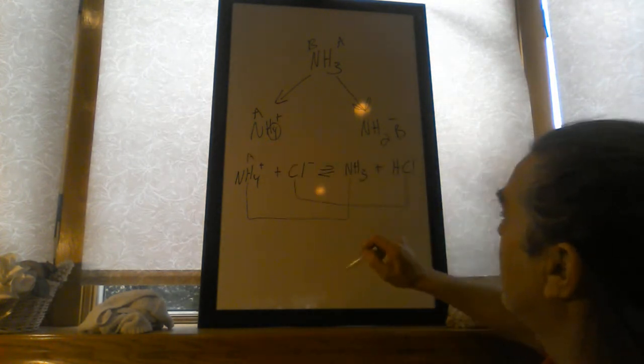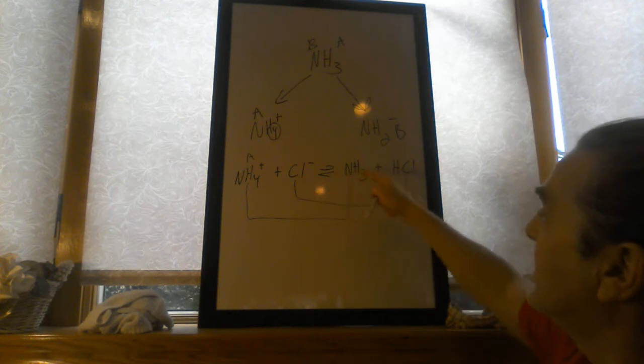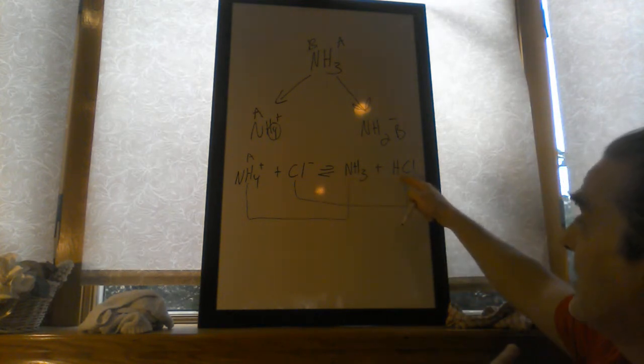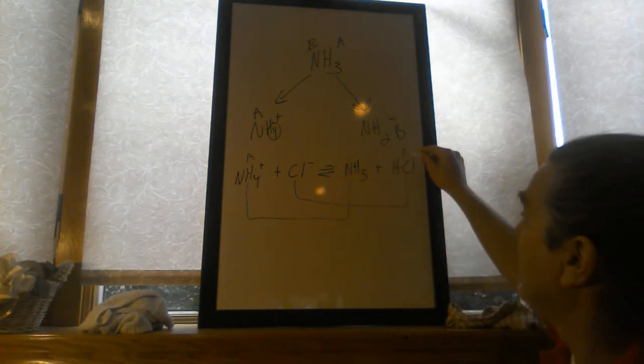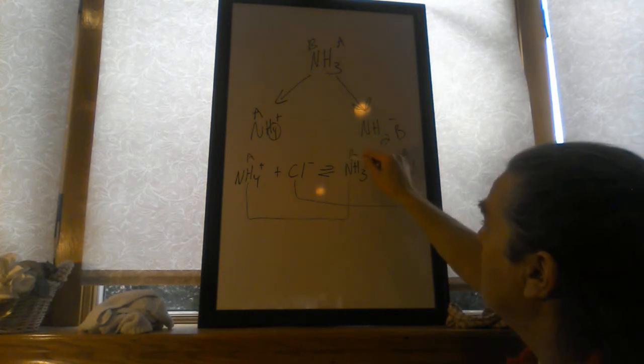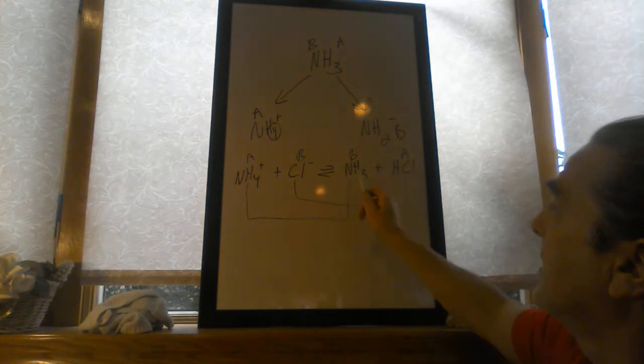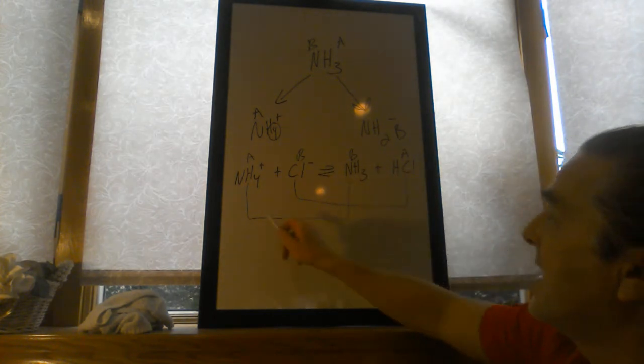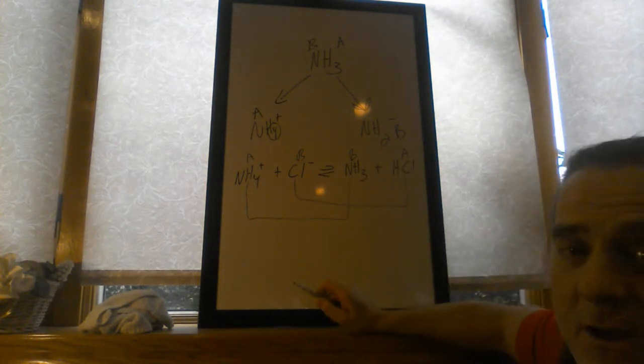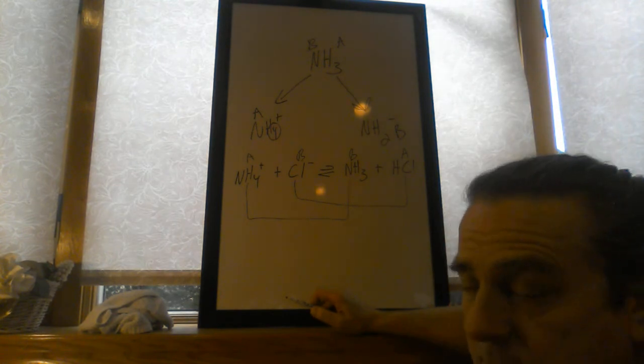That's the acid. Looking at the HCl and the Cl, HCl has one H, this has none. That's the acid. Then the other ones become bases, right? That means on each side you have one acid, one base. The other side, one acid, one base. And in each of the pairs that you made, you have one acid, one base.